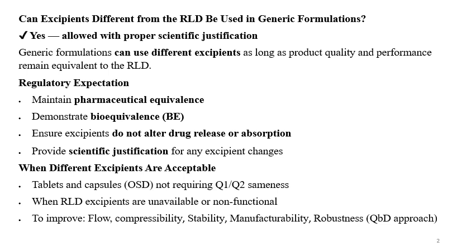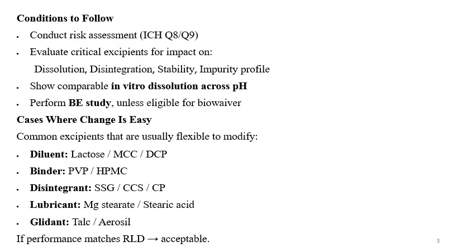When RLD excipients are unavailable or non-functional, or to improve the processability, robustness, and parameters like flow, compressibility, stability, and manufacturability, you can use other excipients. For example, when patents are there for the reference formulation, you cannot go with Q1, Q2. That time you can also use other excipients.